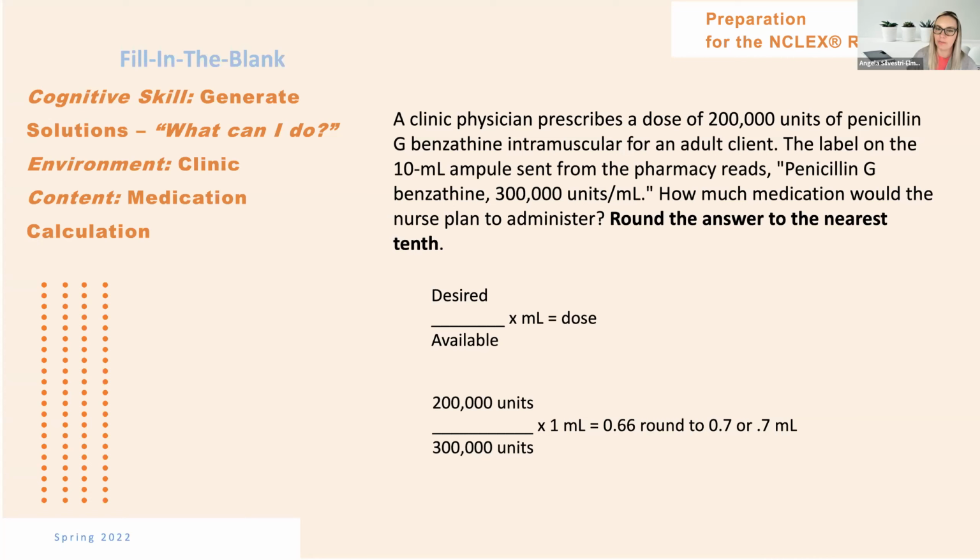But if you ended up with, like, 7 mLs, for example, that wouldn't make sense given the route that is specified in this question. So it's a good double check to look back at the route, even though you don't necessarily need to know that information to answer the question. But always asking yourself, does it make sense?